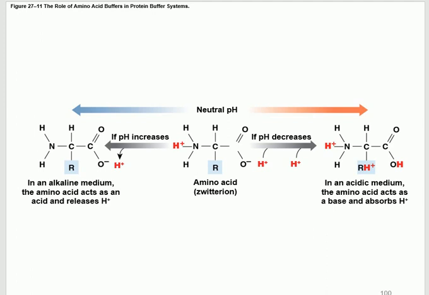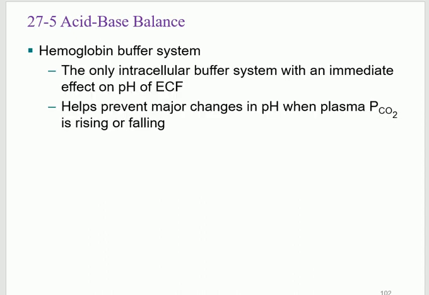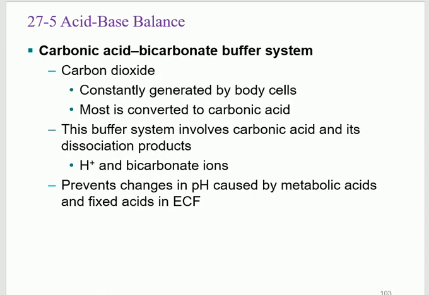Hemoglobin buffer system, amino acid buffer system, plasma protein buffer system. Here is the hemoglobin buffer system. Carbonic acid bicarb. This is the one that we talked about already, which has to do with the carbon dioxide.